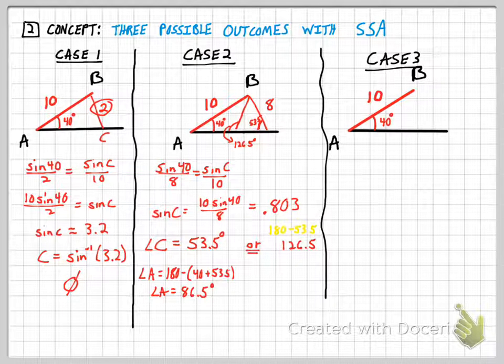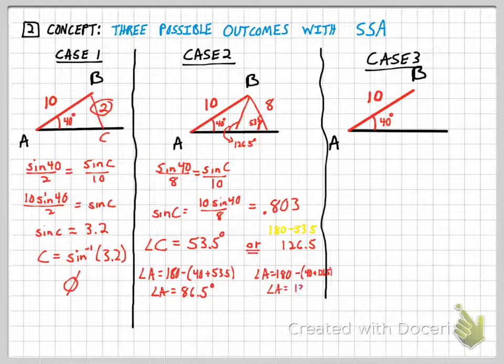The second case for angle A is 180 minus the two angles. One of them is still 40, but now my second one is 126.5, and that ends up being 13.5.